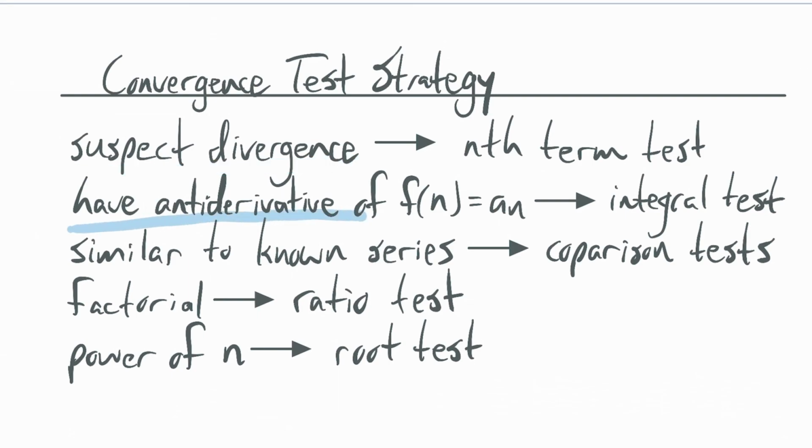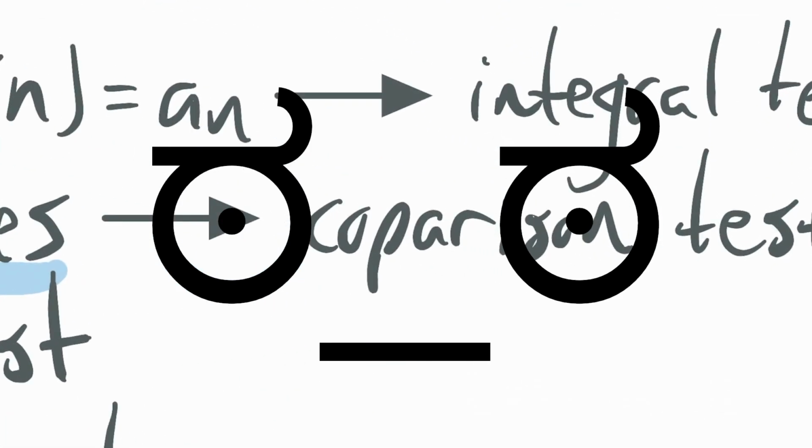If you replace n with x and get a function that matches the sequence, check the premises of the theorem: the function would have to be continuous and decreasing past a certain point on a certain domain. Then try the integral test if you have an antiderivative of the sequence treated as a function of a real variable. If your series is similar to a known series, like a p-series, use a comparison test.